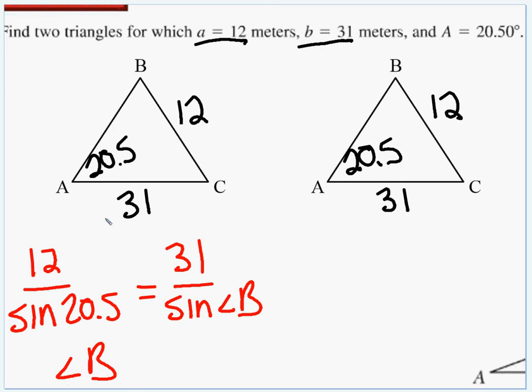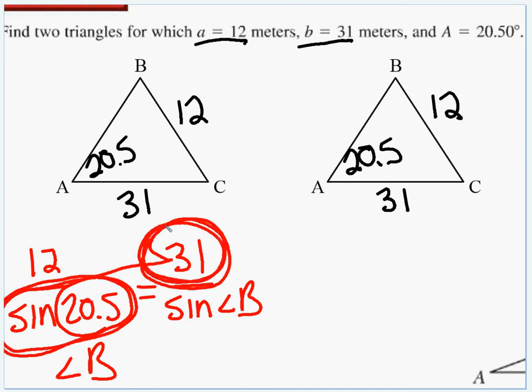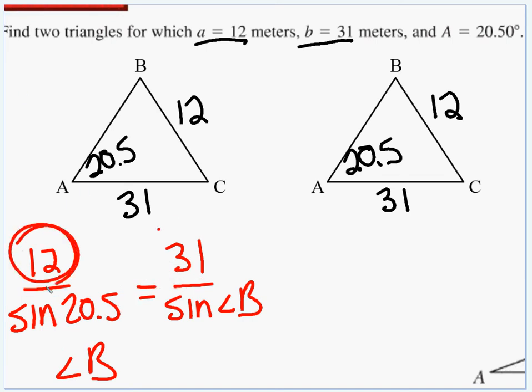After you do enough of these, you don't even really have to write out the steps. Right from here, you could take your calculator and enter 20.5, hit the sine key, times 31, equals, and that will be that value. Now you divide it by 12, and that will give you a decimal, and then you sine inverse. So in this case, angle B is about 64.8.